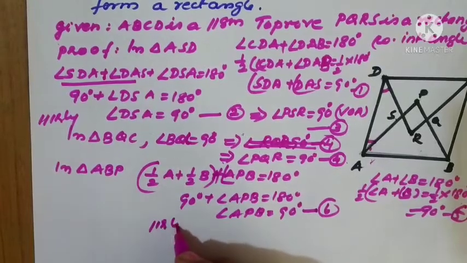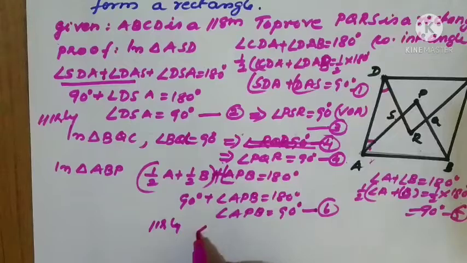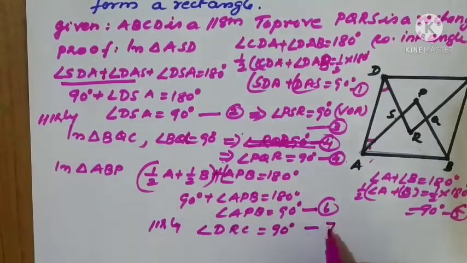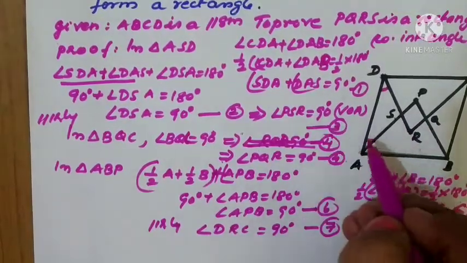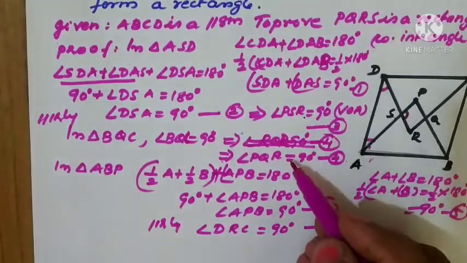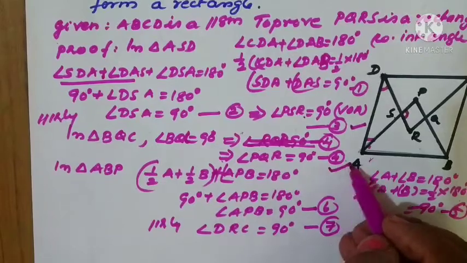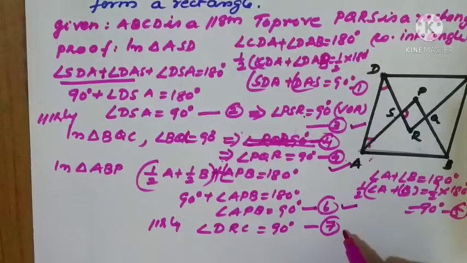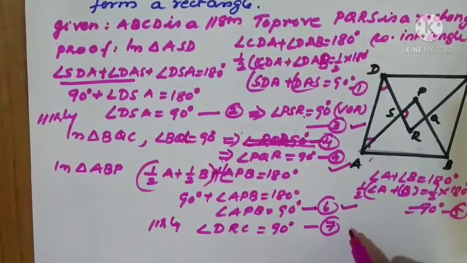Similarly, if APB is 90, what about DRC? Angle DRC is also equal to 90. Equation number 7. So we got here angle PSR equal to 90. Next we got PQR, from equation number 3 and equation number 4. Now we got equation number 6, APB is 90. Now in 7 we got angle DRC equal to 90.